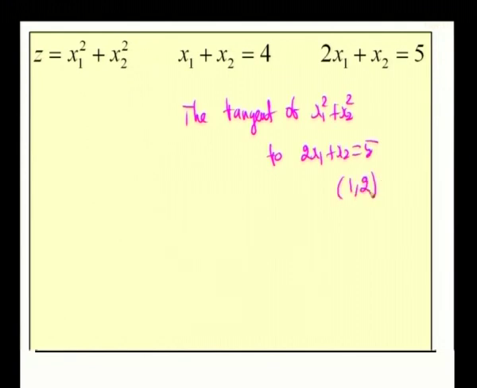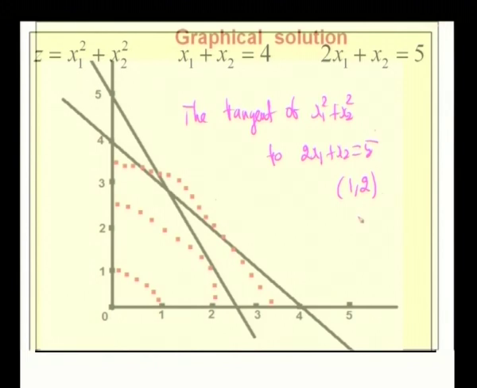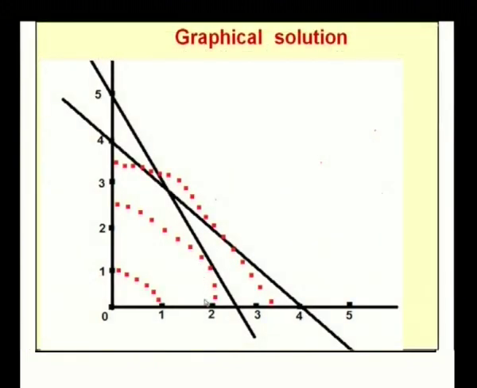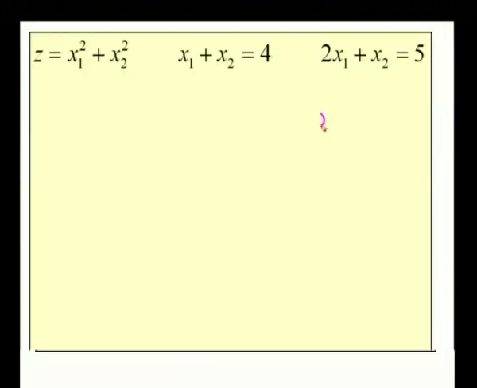Now, we have to check whether this point lies in the convex region as well as whether it satisfies the given set of constraints. Now, the point 2, 1 occurs here, and it does not lie in this convex region.